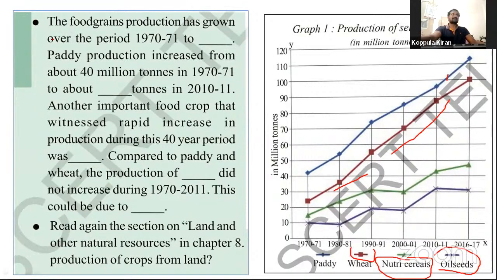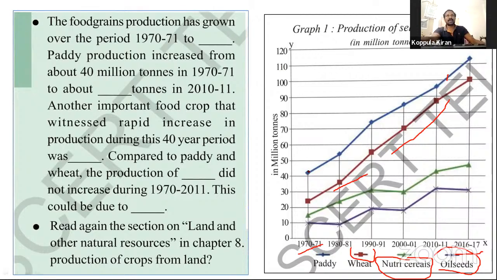See this, the food grains production has grown over the period 1970-71 to 2016-17. This is the answer. Paddy production increased from about 40 million tons in 1970-71.